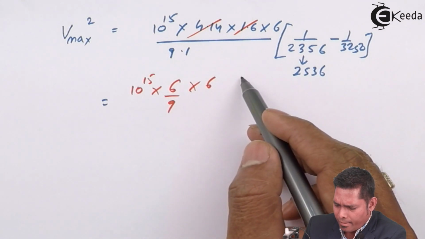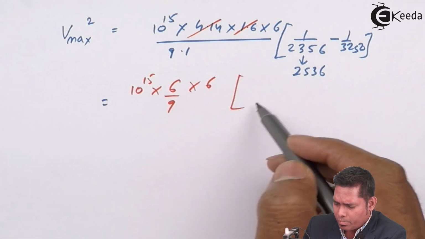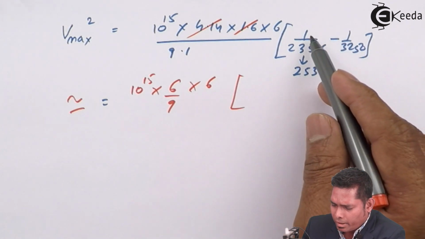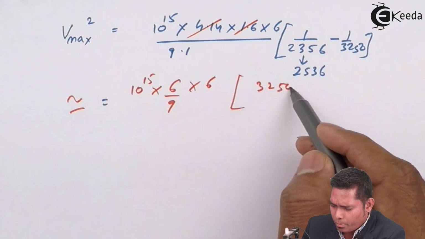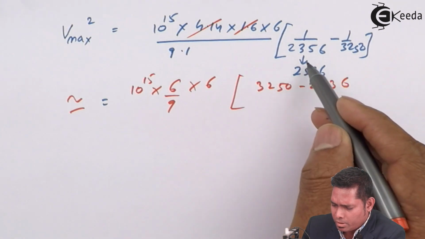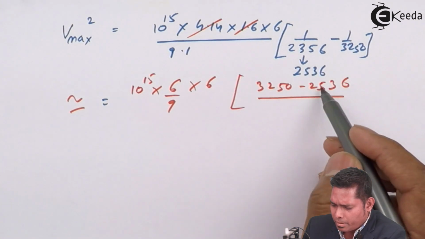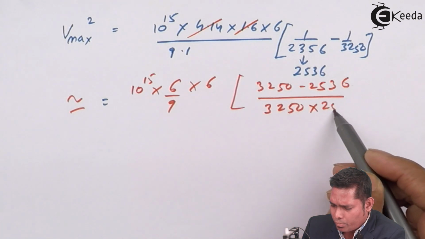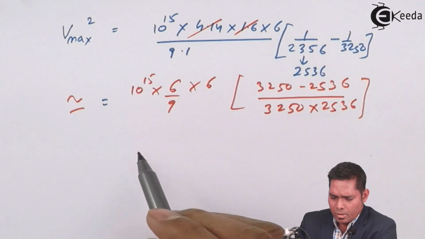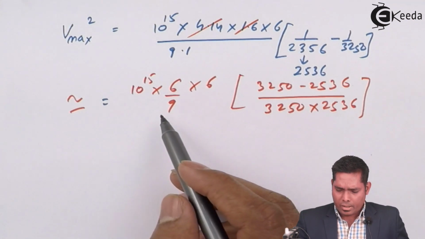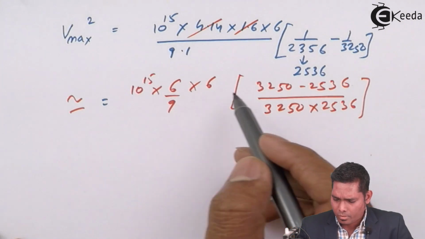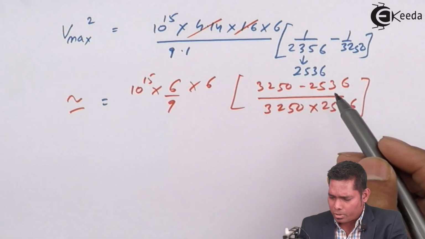And this one you have to calculate: I'll take 3250 minus 2536, divided by the multiplication of 3250 and 2536. If I take the root, then how much will this value be?